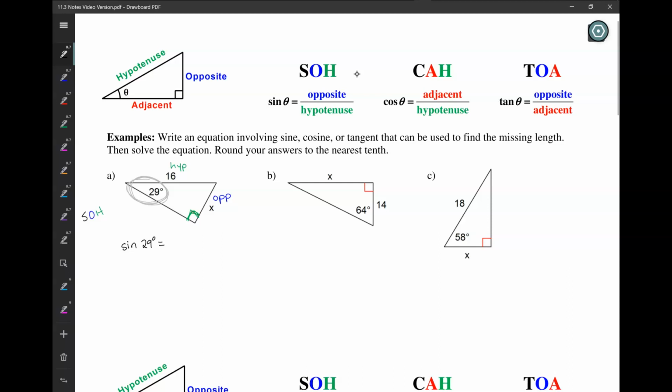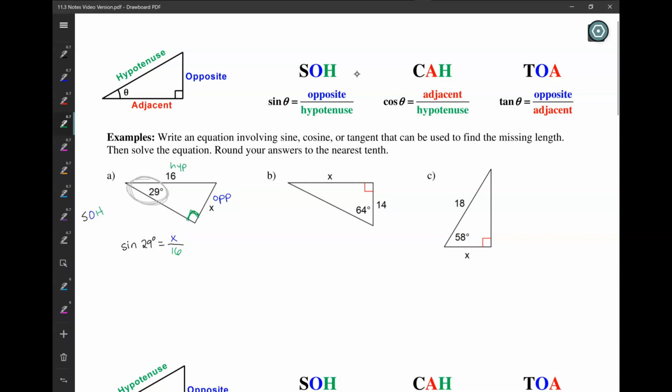Well, you look at the definition. Sine is opposite divided by hypotenuse. Opposite always goes on top. So which side is opposite? X is opposite. And hypotenuse always goes on the bottom. So hypotenuse is 16.